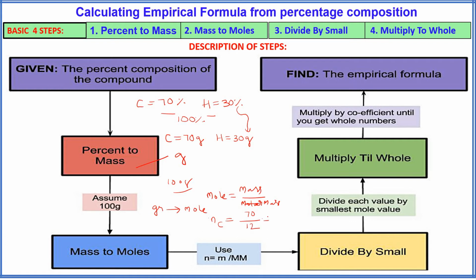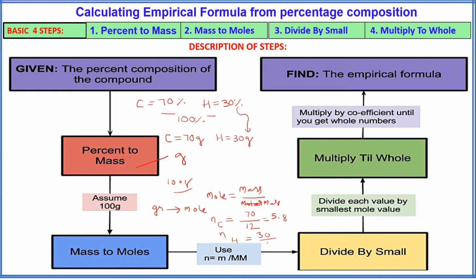So 70 by 12 is equal to 5.8. Number of moles of carbon is 5.8.